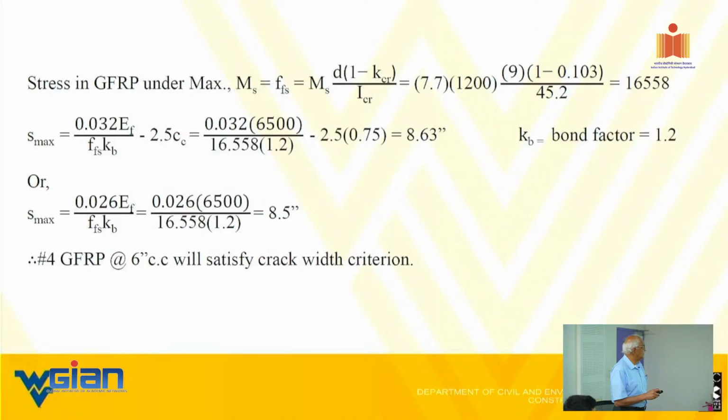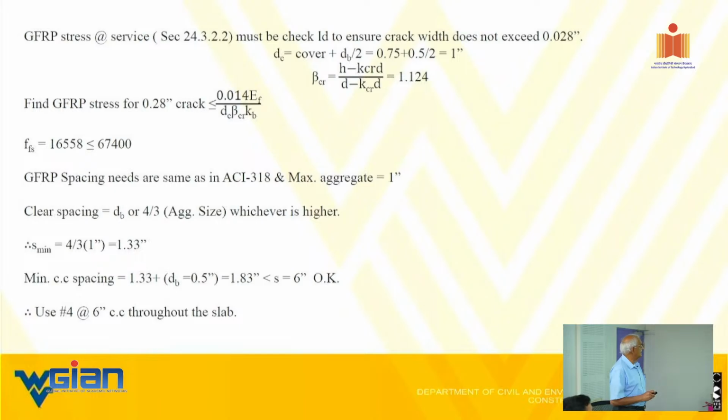This is a very standard bond factor we are using. It is much simpler than the steel related bond factor. Steel is so very complicated, unbelievable. So you got that max spacing. So number 4 GFRP at 6 inches will satisfy the crack width criterion.